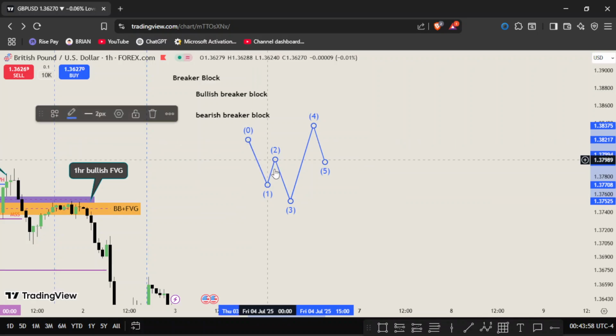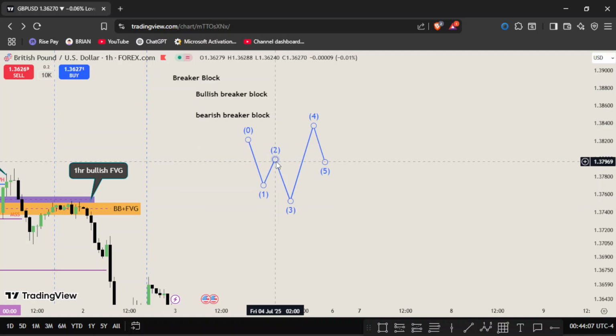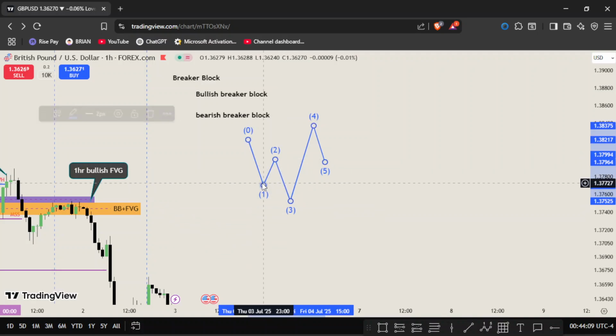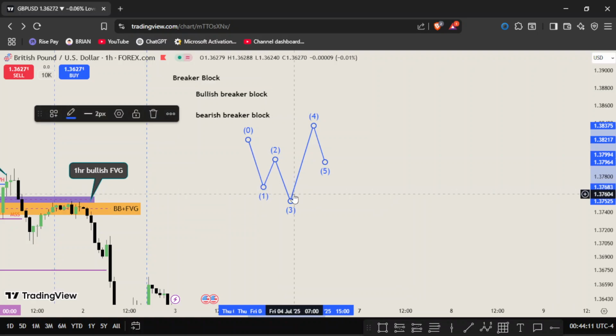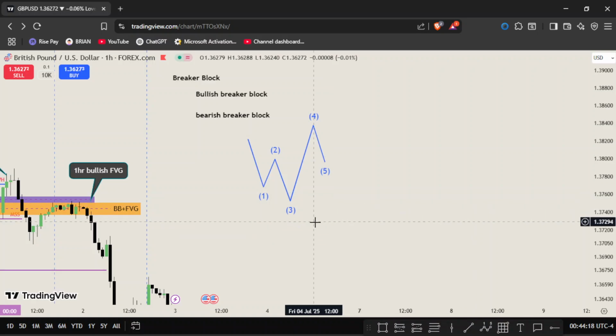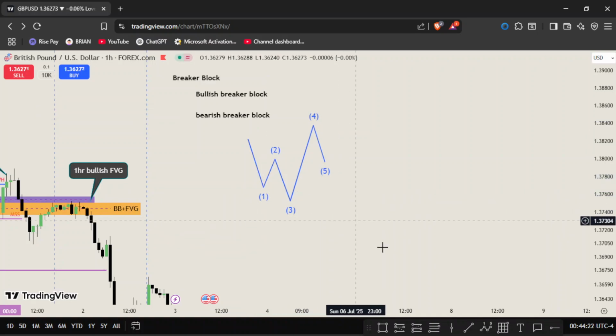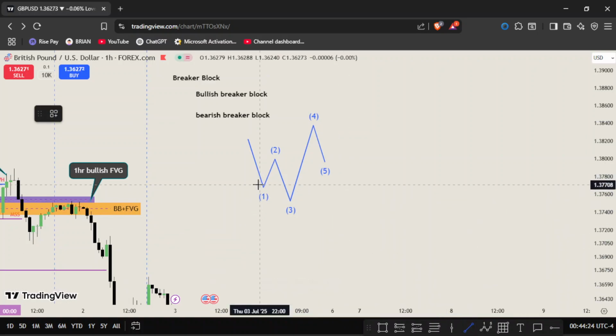So what is a bullish breaker? A bullish breaker, I've explained, is the candle that initiates a sweep of a key level. So let me just say that our key level was at number 1.